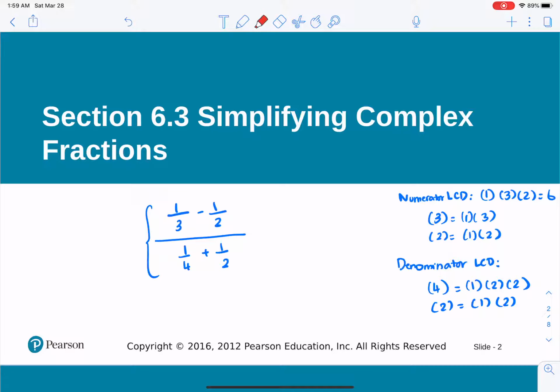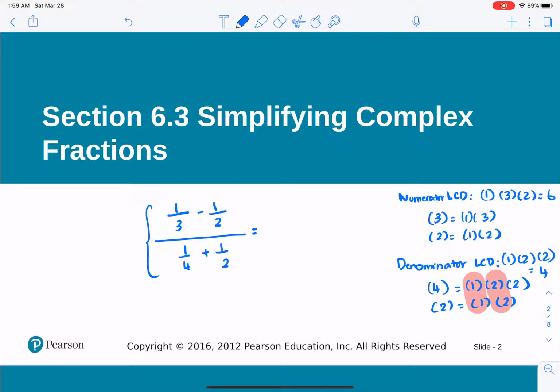So we have 1 in common, 2 in common, so we write 1 times 2. The last 2 is left hanging, so we simply put that in there. So the denominator LCD is 1 times 2 times 2, which is 4.